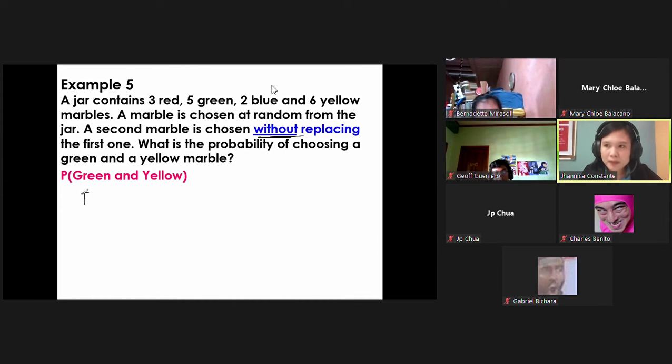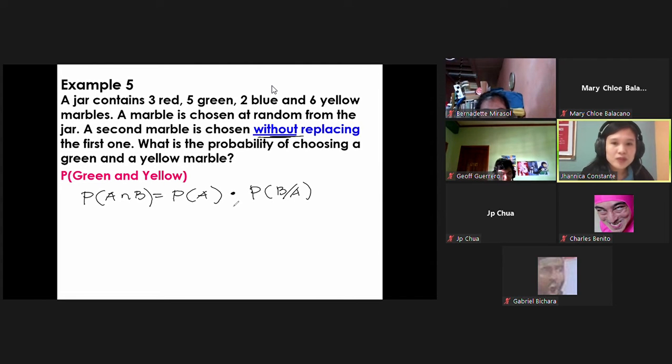So probability of getting a green and yellow. So the probability of the first event multiplied by the probability of the second event according to the first event that we have.